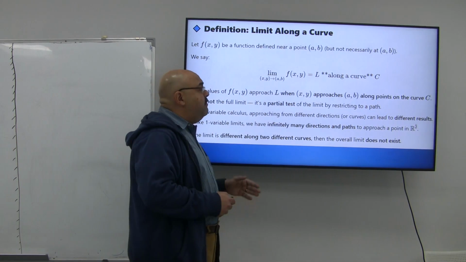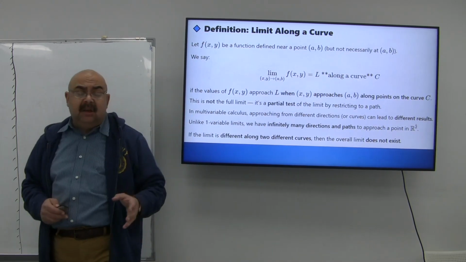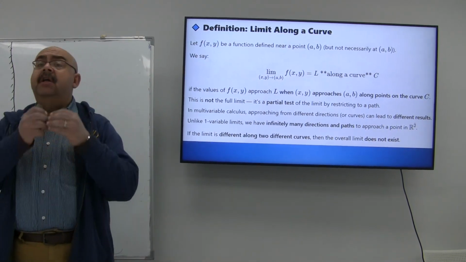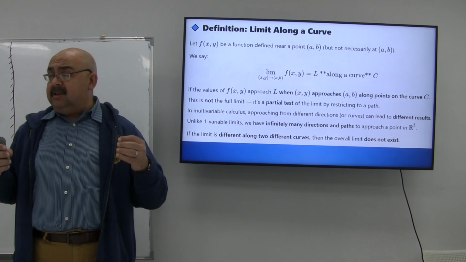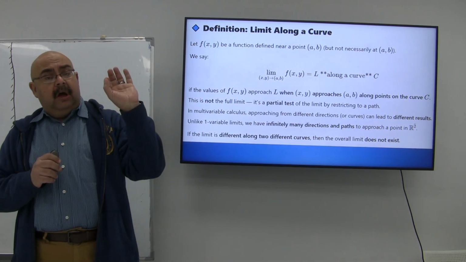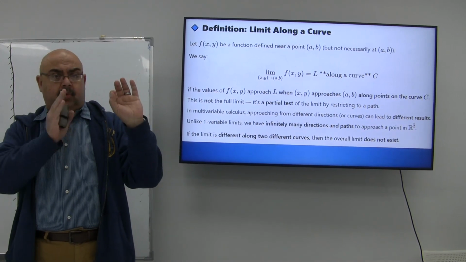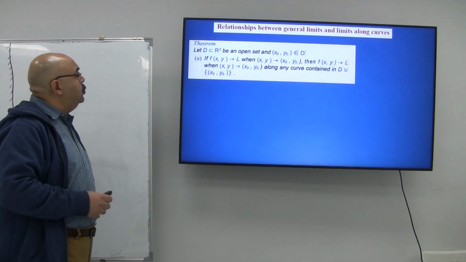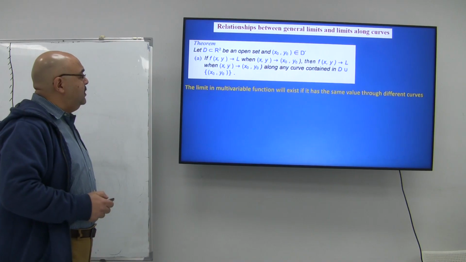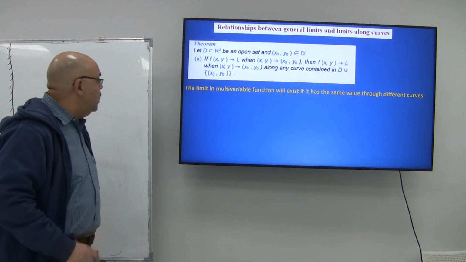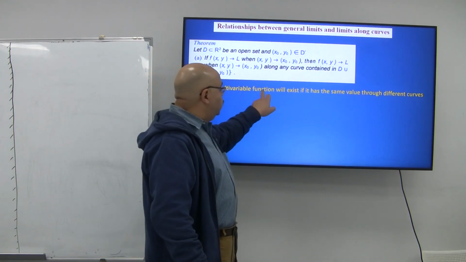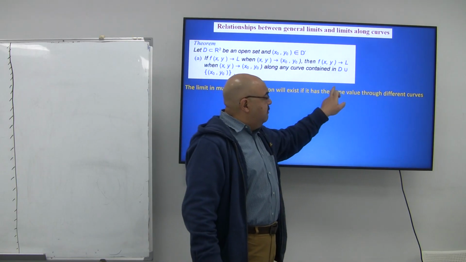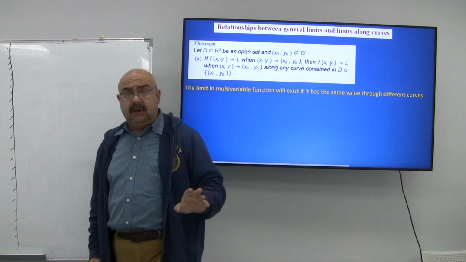This is a very important slide summarizing the differences between the limits along curves, the lateral limits, and the limits of f of x, y relative to a certain point. Relationship between general limits and limits along the curve. Bottom line, the limit of a multivariable function will exist if it has the same value through different curves.